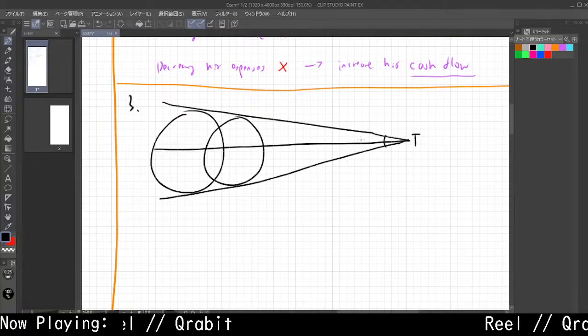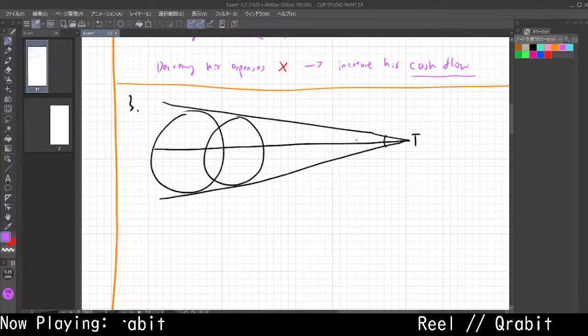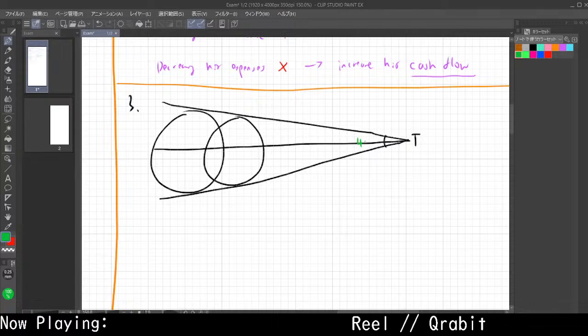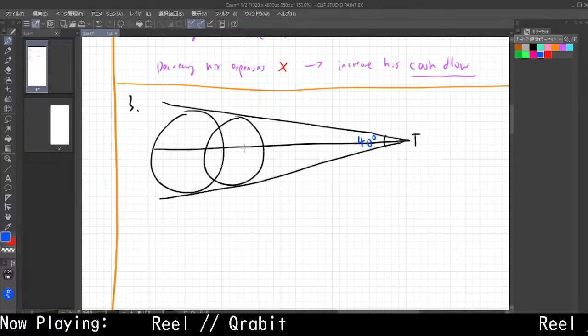This entire thing is 40 degrees. Let me just use a different color so that it stands out. Okay, I don't think that stands out.